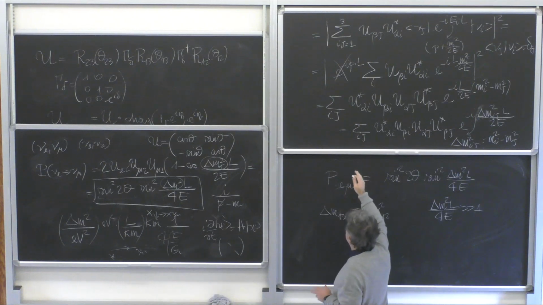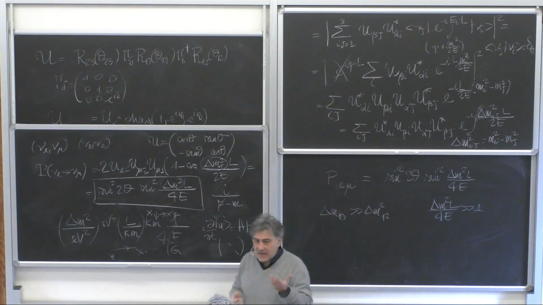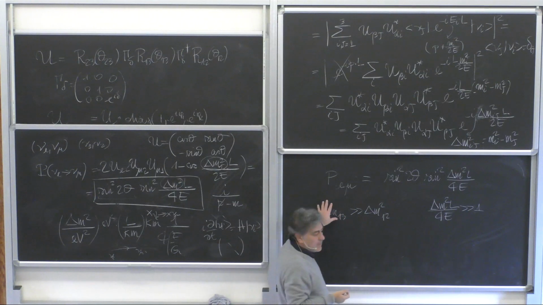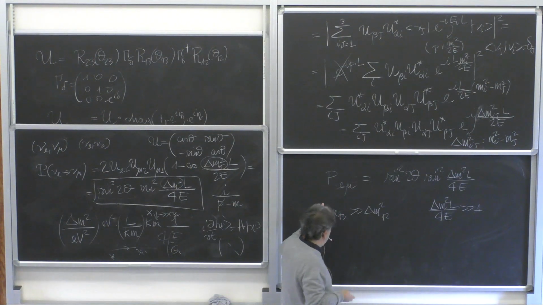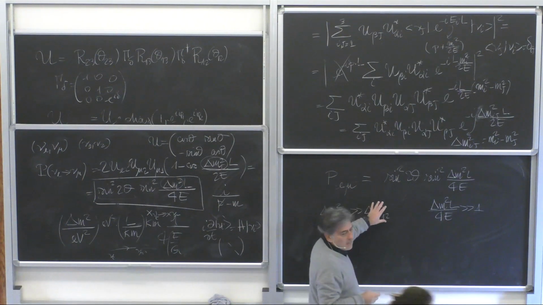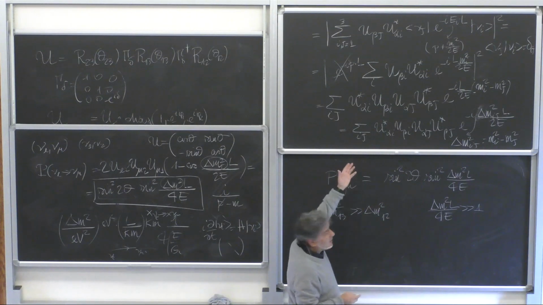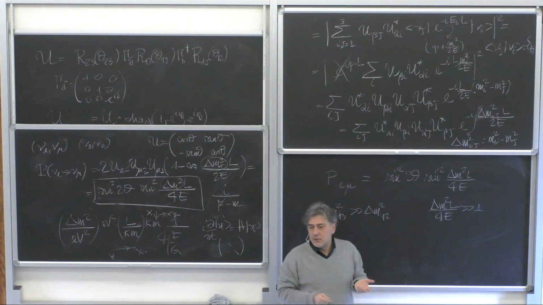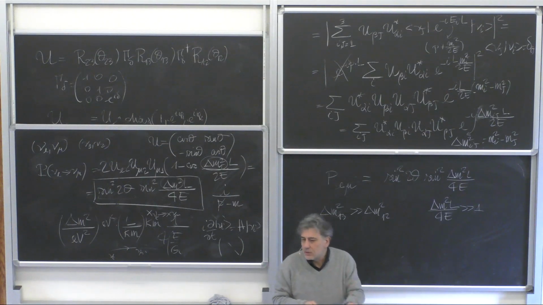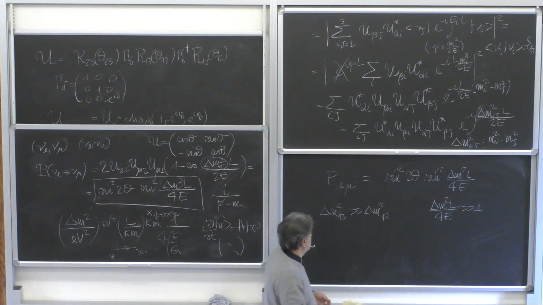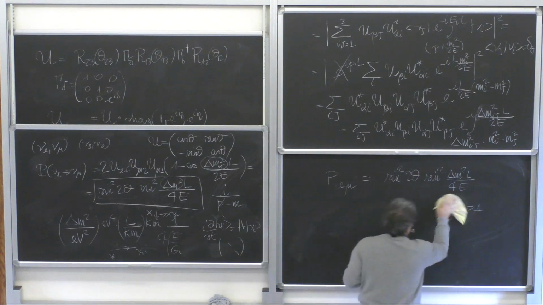And so we have one mass squared difference much larger than the other. There are approximations for the oscillation probabilities, but I will not give you the formulas, you will find them in the notes.